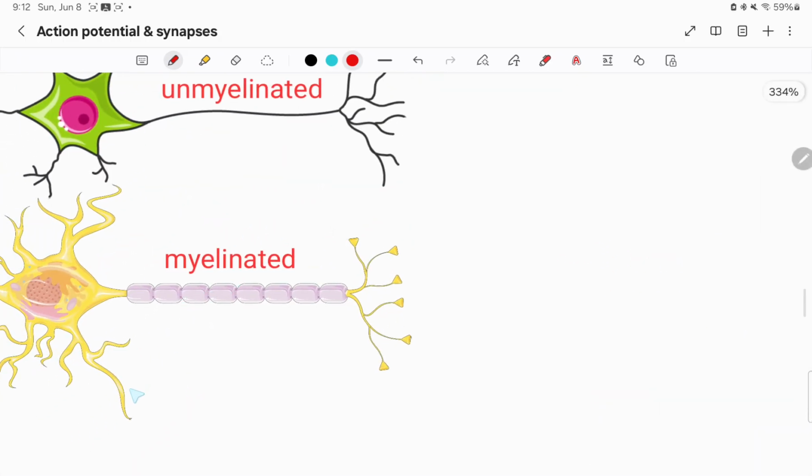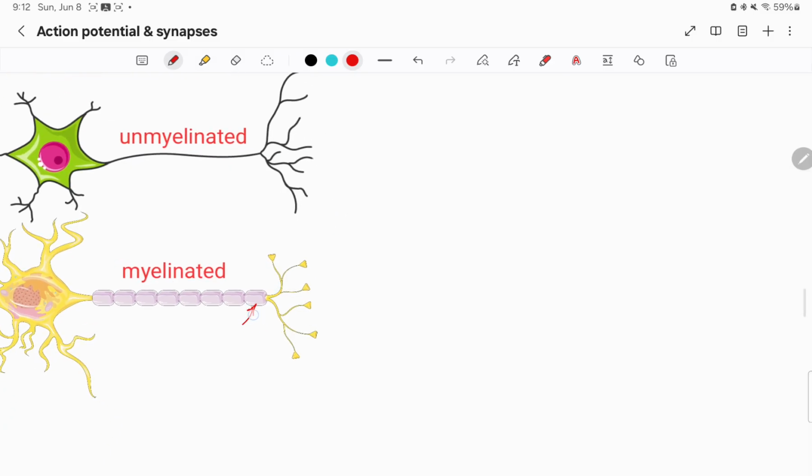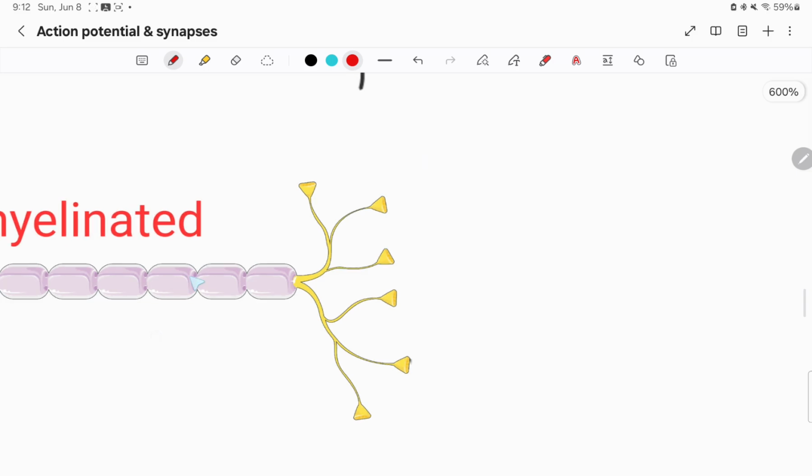Here is a myelinated neuron, and here's an unmyelinated neuron. And what you'll notice is that the myelin is just surrounding the actual axon. So this one, there is no myelin. Here is the myelin, here's another myelin, myelin, myelin. Where are the nodes of Ranvier? If you can see, there is a tiny space in between each of these myelins.